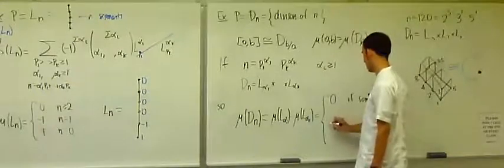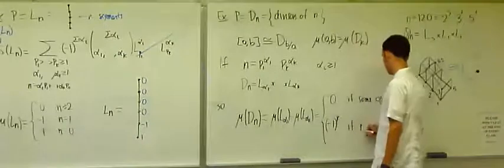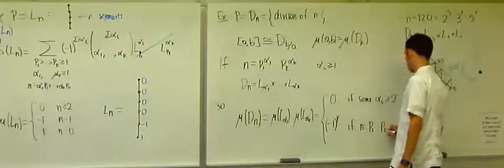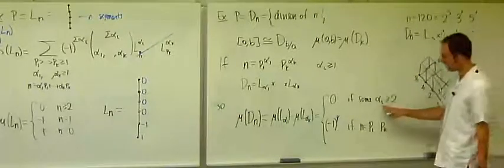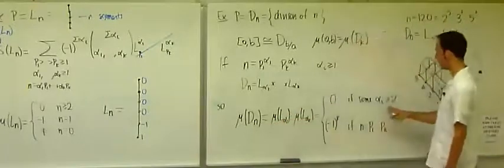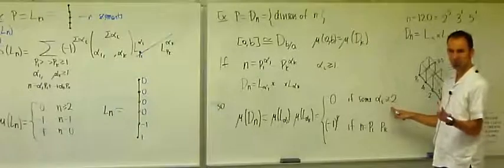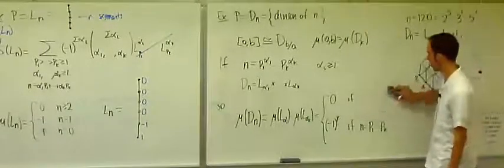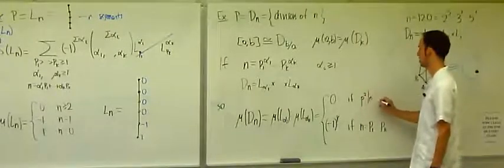So minus 1 to the k if n is just p1 up to pk. Okay? Let me say this a little bit differently because we want the answer in terms of n only. What does it mean that some alpha i is greater than or equal to 2? It means that some prime appears twice in the prime factorization. So let me just write this by saying if p squared divides n for some prime p.